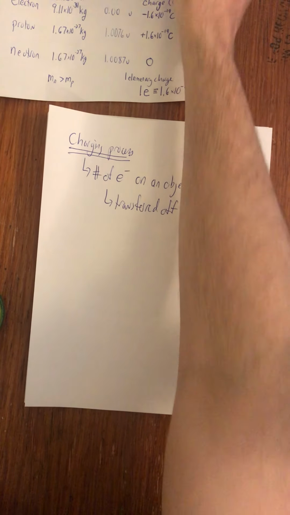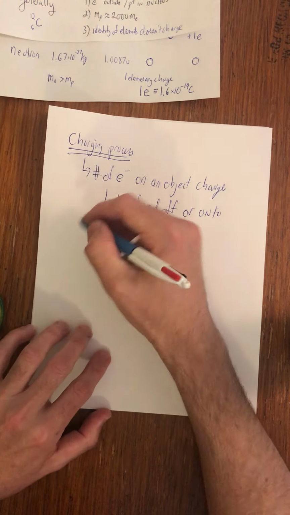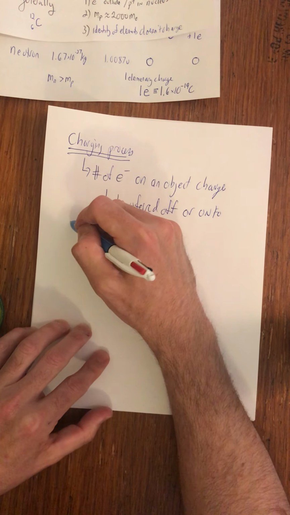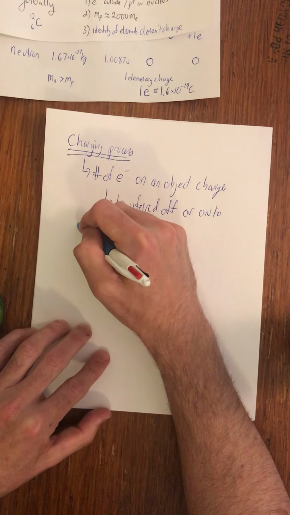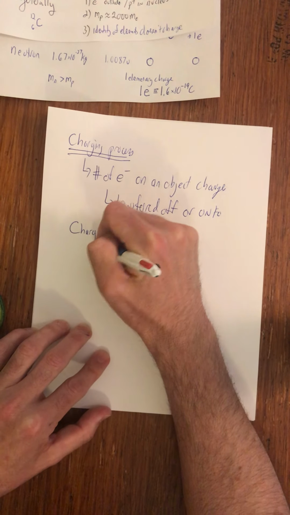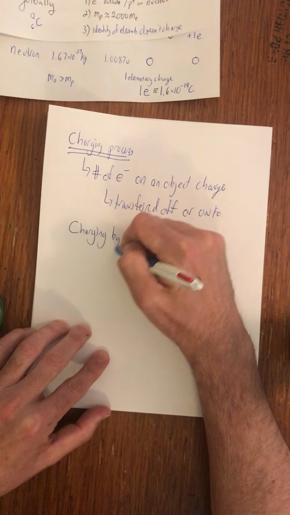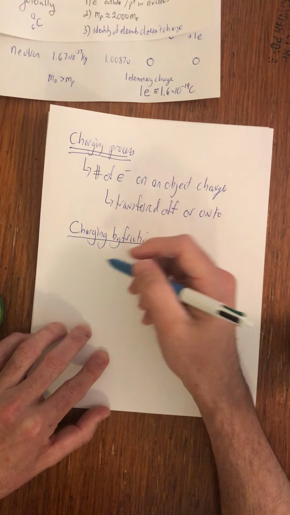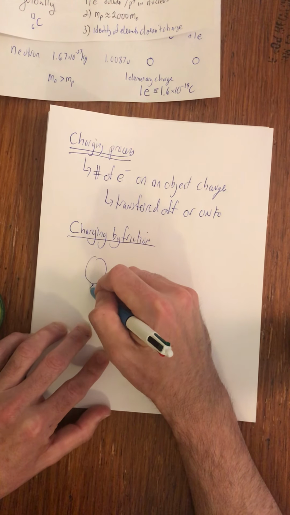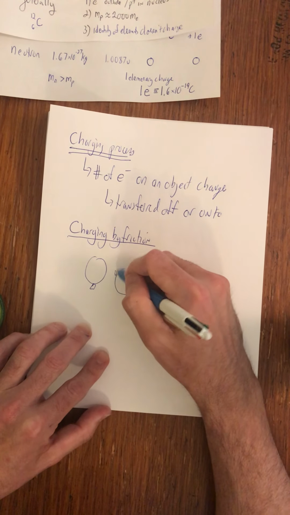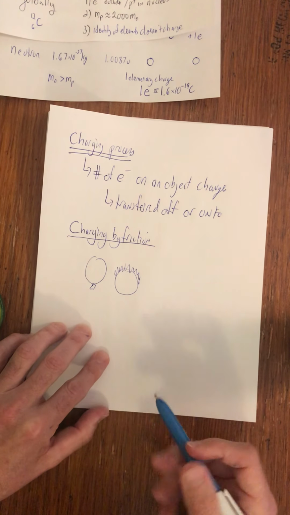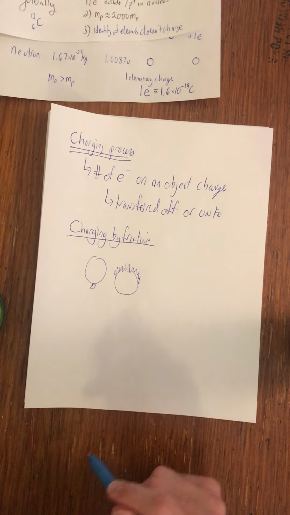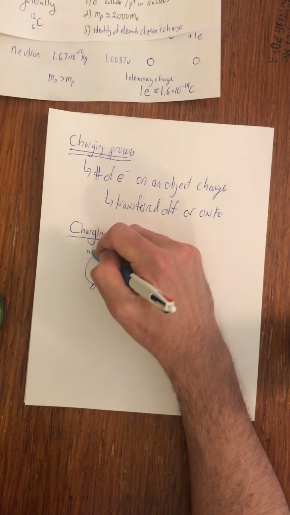All right. So with that being said then, let's talk about what happened in the video with the balloon in my hair. That's a charging process that's called charging by friction. I started with 2 neutral objects. I started with the balloon and my head, which apparently is more spherical than the balloon, and they both start out neutral.